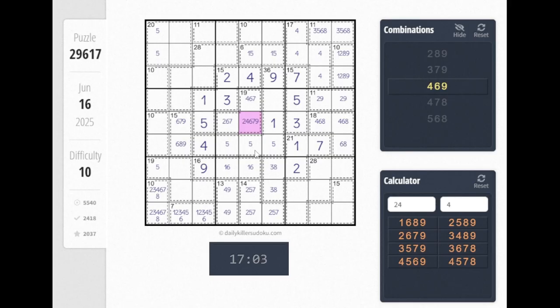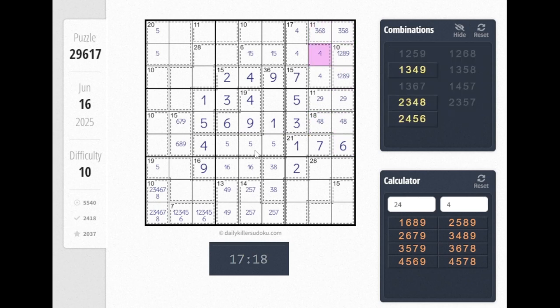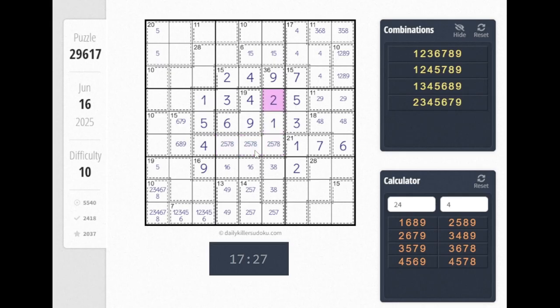Yeah, okay, that makes sense still. So that's going to be our thing that is missing, the 3-6 pair.